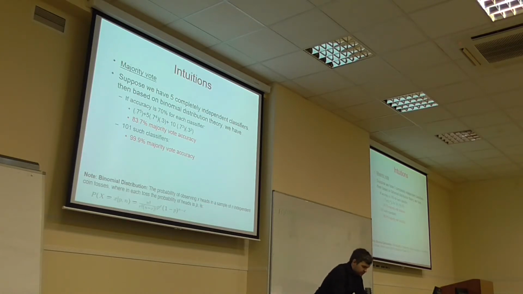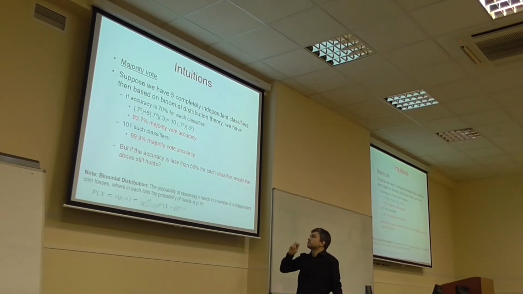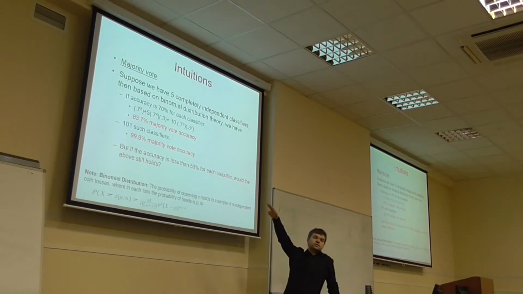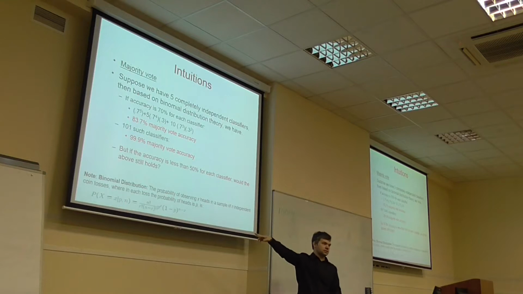So this is the intuition. Suppose we have 5 classifiers, and then according to the binomial distribution, we can estimate the percentage that they will give us correct results, of course, if each of these classifiers has 70% accuracy. I guess everybody knows what this formula is, right?